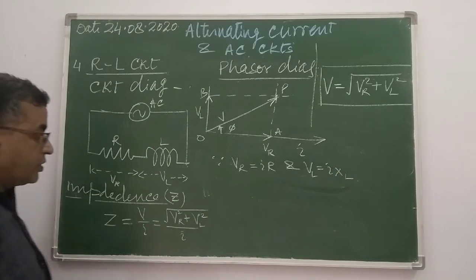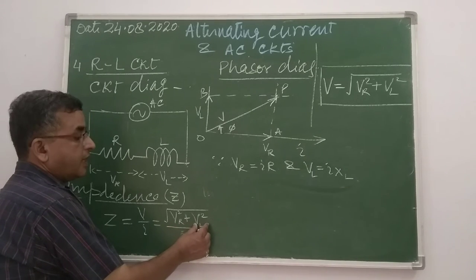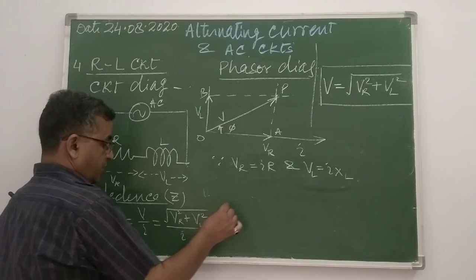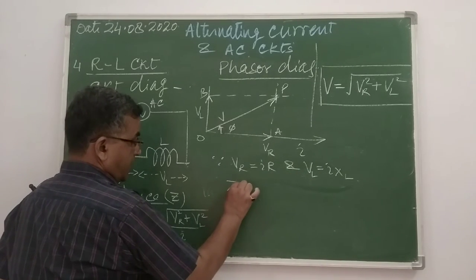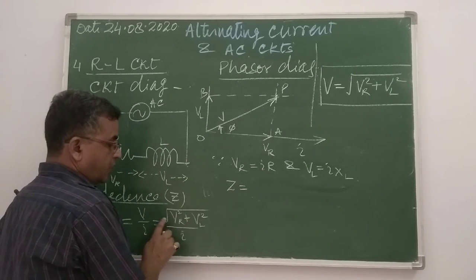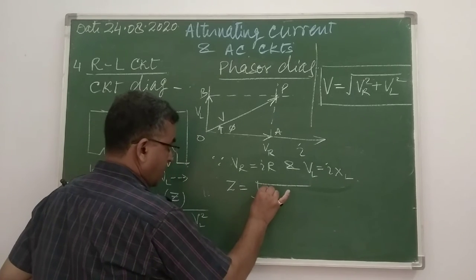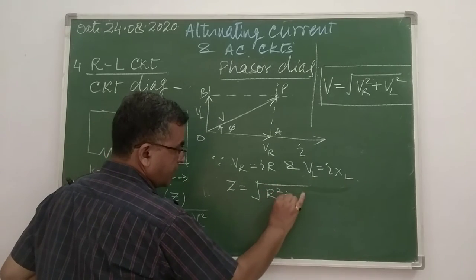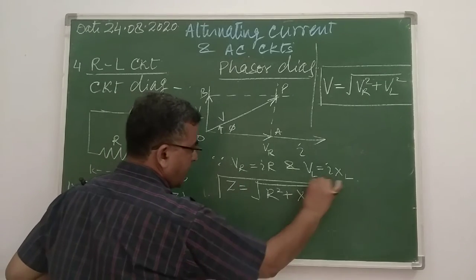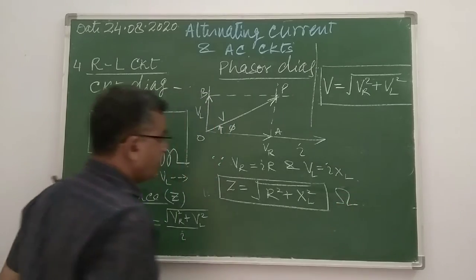Substituting these values, it is I square R square plus I square XL square. I square is taken common and I cancels. So the impedance Z is under root R square plus XL square. It is also measured in ohm.